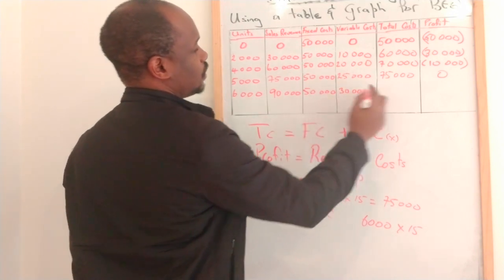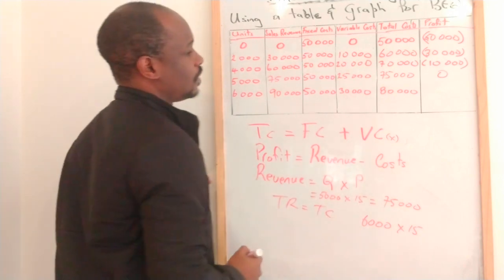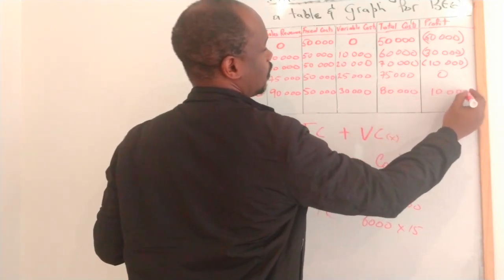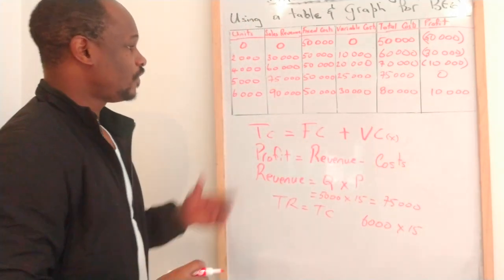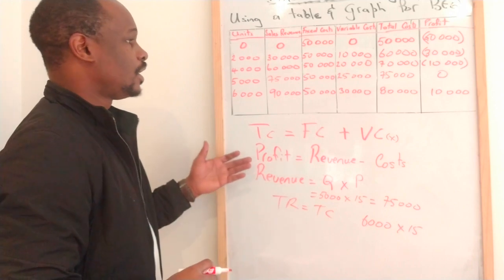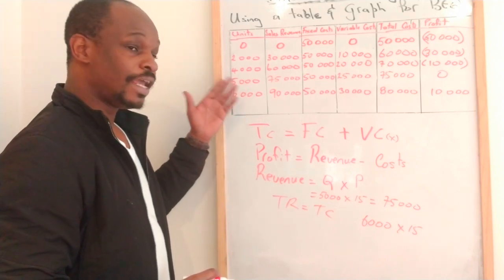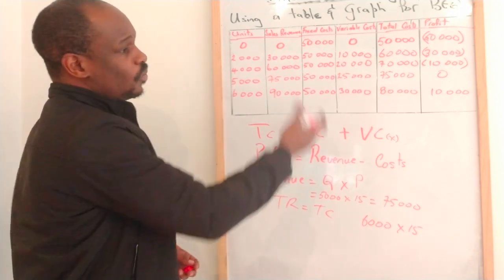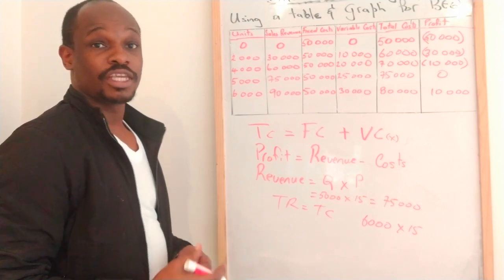Okay, fixed cost, which would be 80,000. All right. What would be our profit? Our profit would be 10,000. All right. So if we want to find now the profit, we would need to start producing any amount over 5,000.